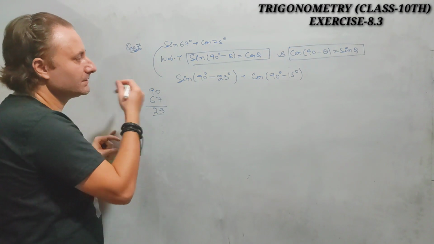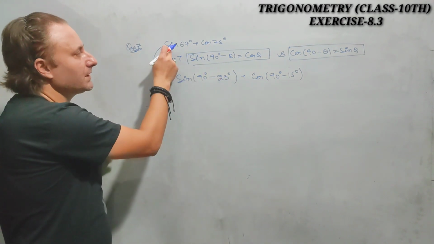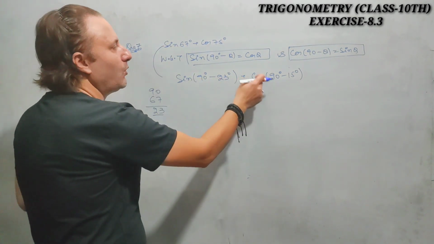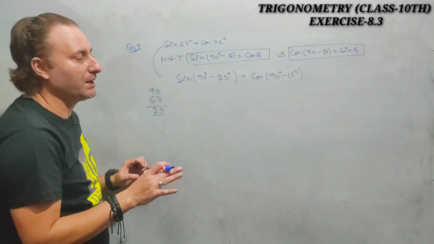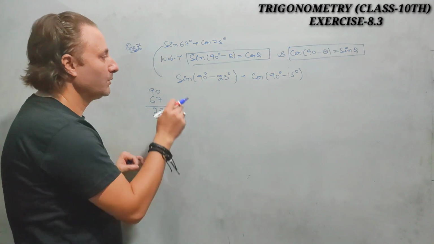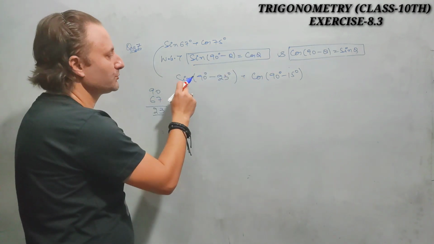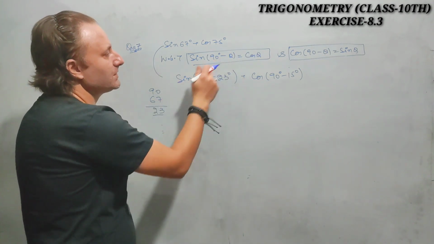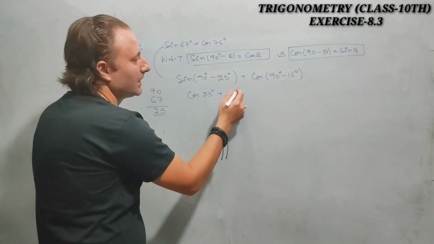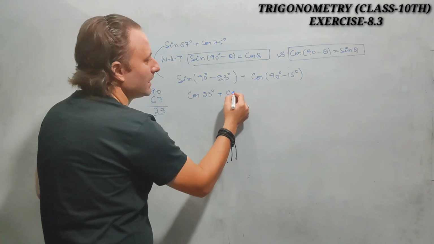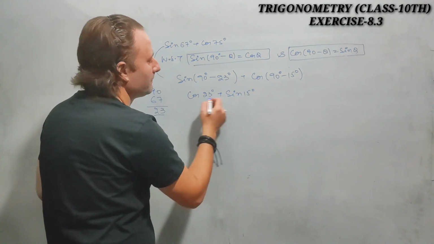If I say sine (90 minus 23), it is sine 67, and then cos (90 minus 15) is cos 75. So I have not made any changes as of now, but now I'm going to use the formula. So I know sine (90 minus theta) is cos theta. We have theta as 23, and cos (90 minus theta) is sine theta, that is sine 15 degrees.